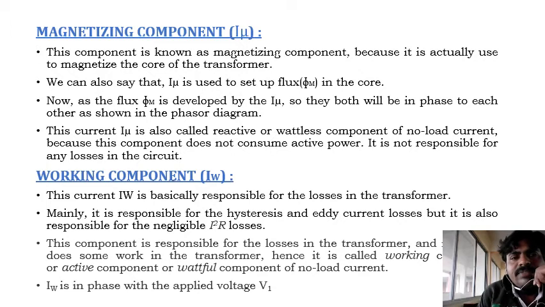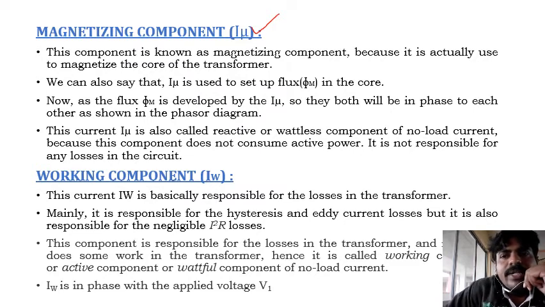Now let us consider the first one, the magnetizing component. It is denoted by the symbol I suffix mu. This component is known as the magnetizing component because it is used to magnetize the core of a transformer. Once you introduce the single phase supply to the primary winding, the primary winding is coupled with the left limb of the transformer and that current magnetizes that part.